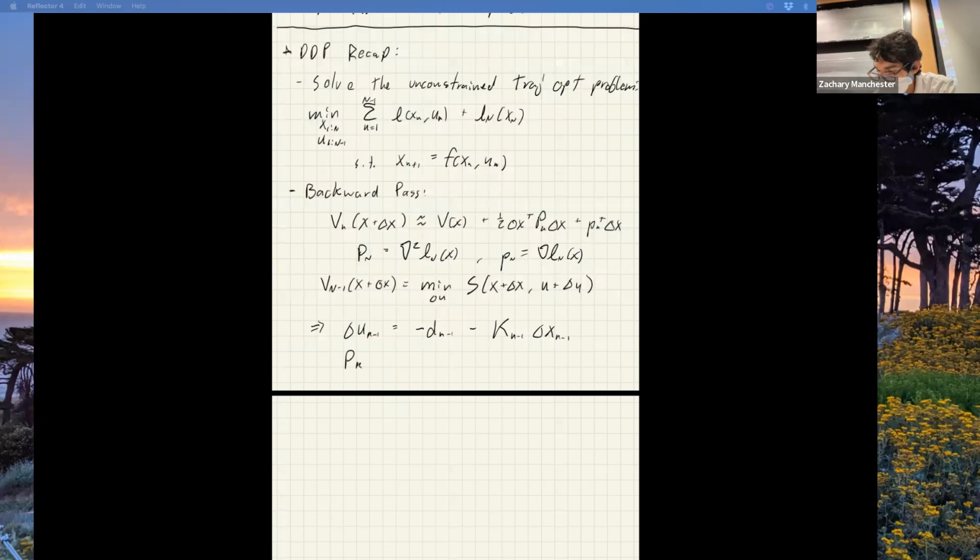And then P_{k-1} is these Gs, which are the action value function Hessian blocks. This is the K we just solved for. So that's the Hessian term, and then the gradient term.